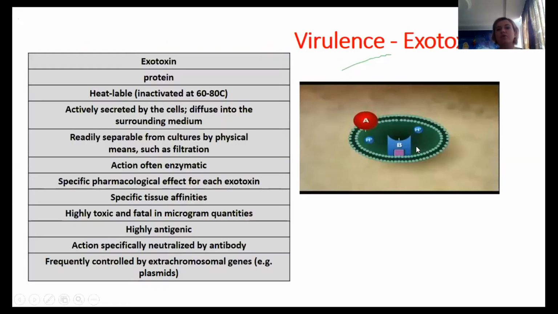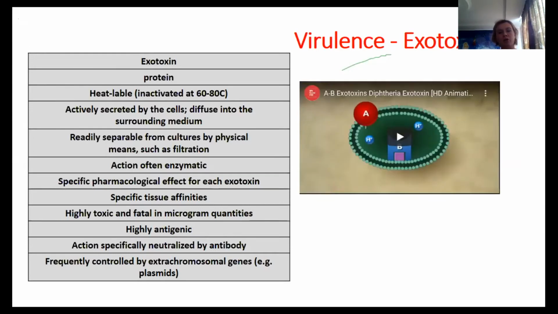This is about virulence, exotoxin. Corynebacterium diphtheriae produces exotoxin, a very poisonous toxin. What are its characteristics? This protein is heat labile, inactivated at 60 or 80 degrees. Actively secreted by cells and diffused into the surrounding media. Separable from cultures by physical means such as filtration.